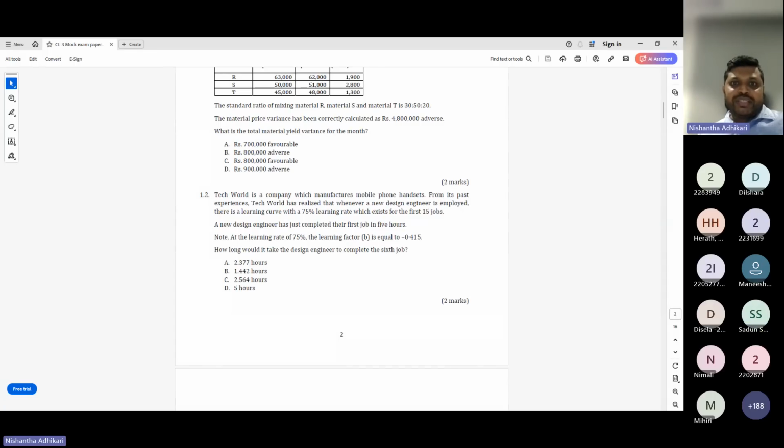A new design engineer has just completed their first job in 5 hours. Note that learning rate is 0.75 and learning factor equals minus 0.415. How long will it take the design engineer to complete the 6th job?